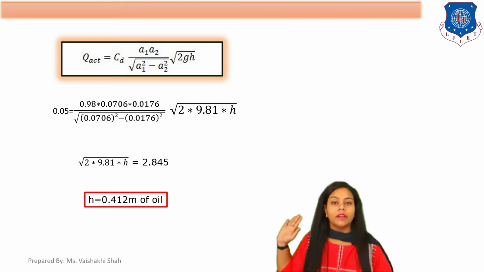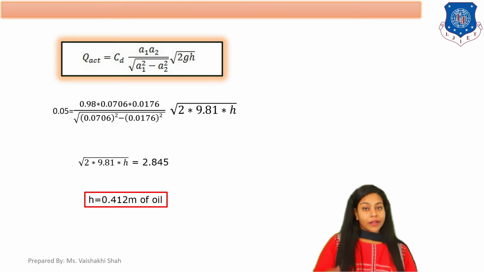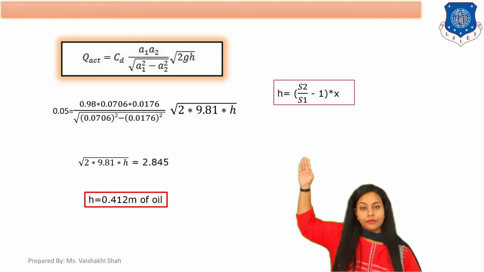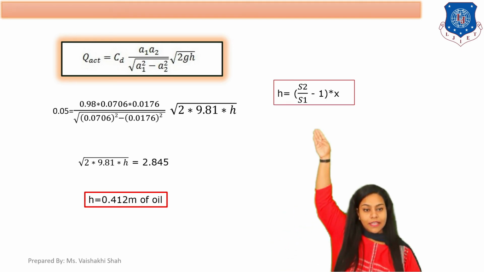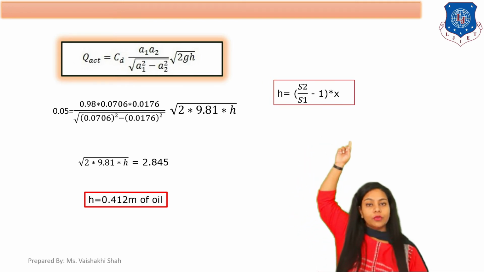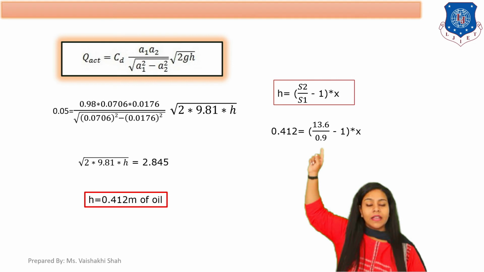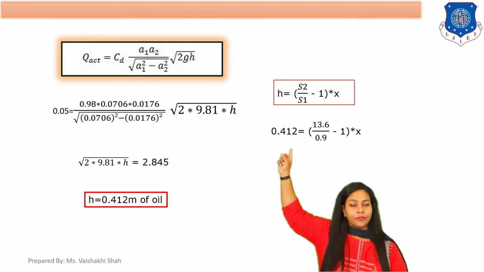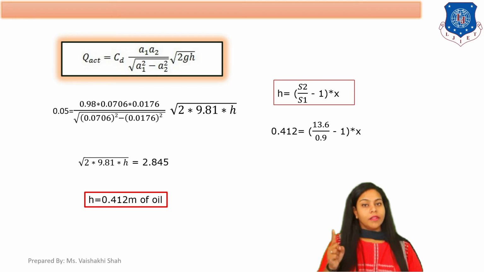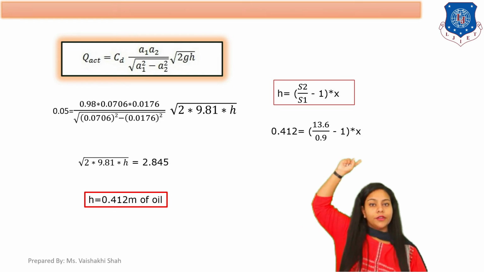Now we have to find out x. We know the equation where h equals (S2 upon S1 minus 1) into x. Here h is 0.412, S2 is 13.6, S1 is 0.9, minus 1, into x.